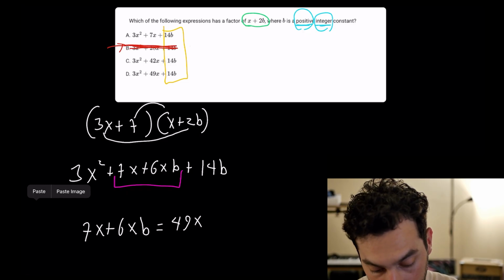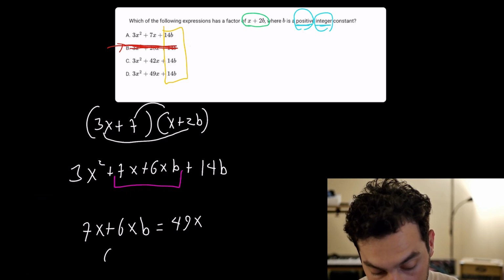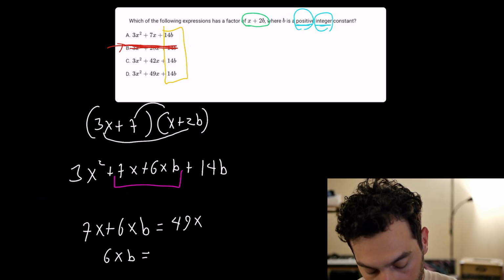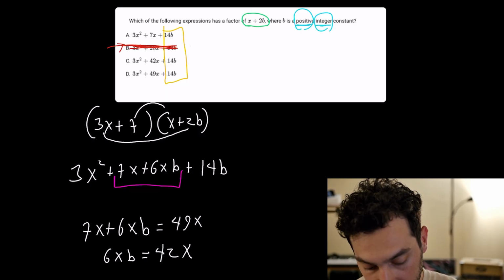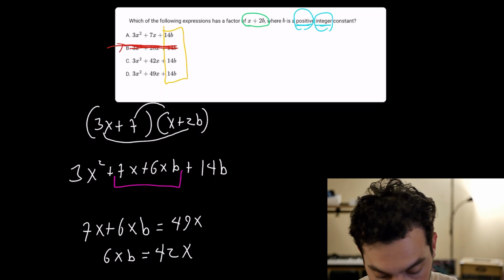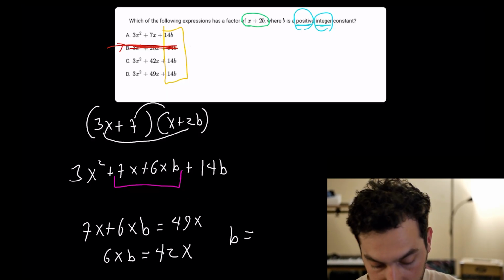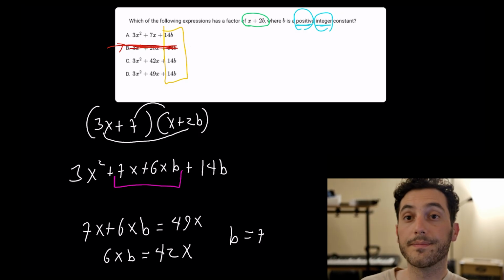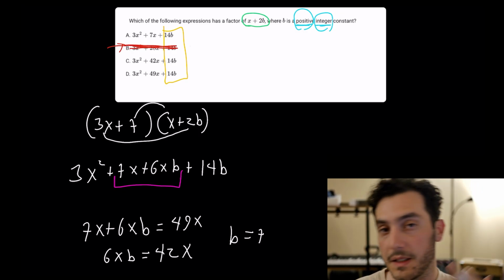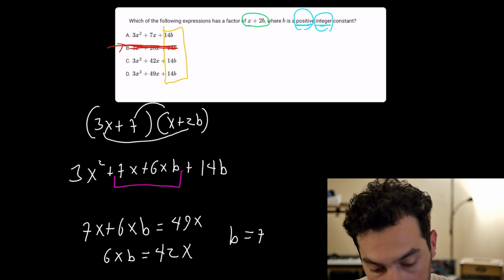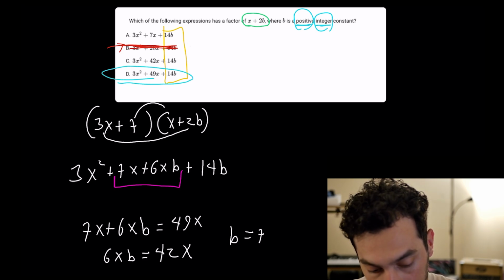Same thing here. Subtract 7x from both sides, you get 6xb equals 42x. Divide both sides by 6x, you get b equals 7. 7 is a positive integer constant. So choice D is your answer.